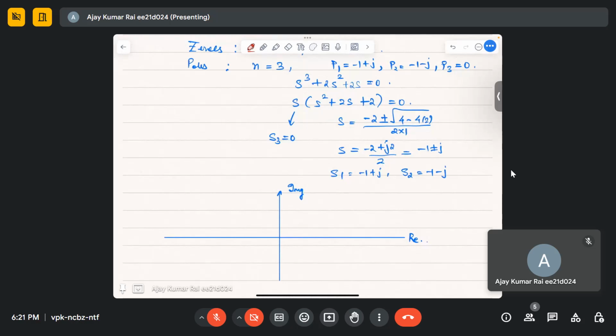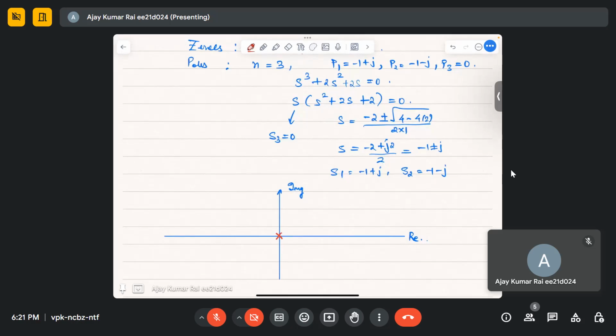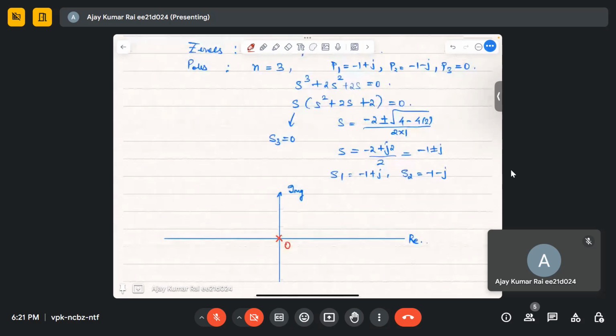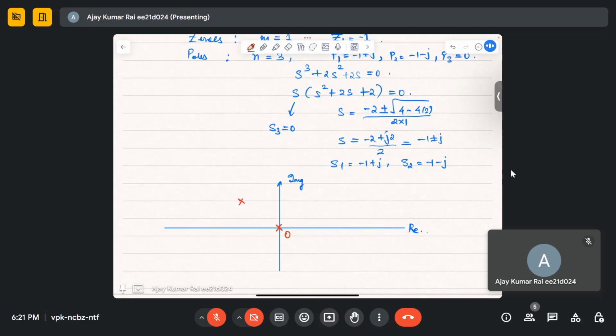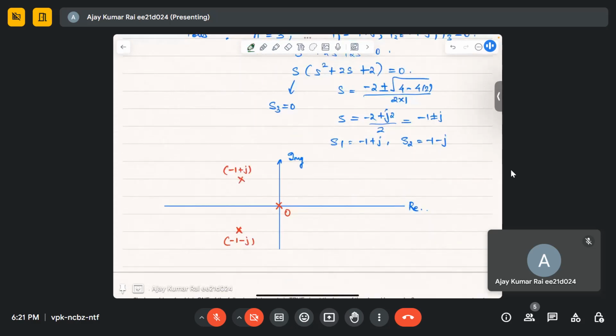So this is p3 at 0, and p1 is here, which is minus 1 plus j. The other one is here, the conjugate pair, minus j. So 3 poles and 1 zero, and the zero is at minus 1.